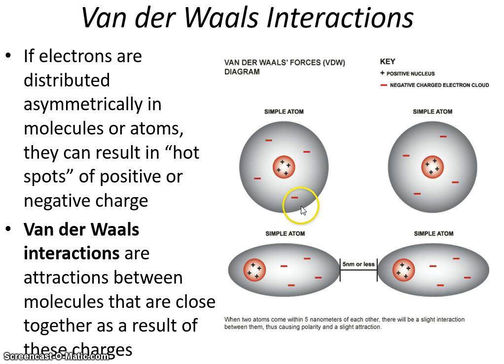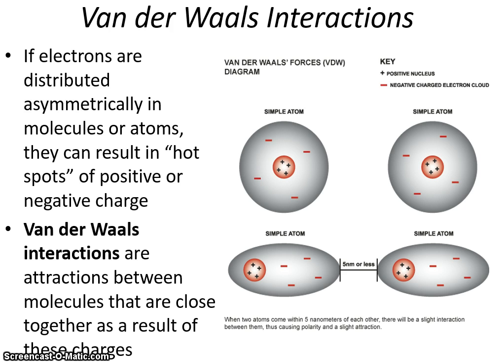So for example, let's say all of the electrons of this atom temporarily end up on this side of the atom, and the nucleus of this atom temporarily ends up on this side of the atom. Because we have these hot spots, this side is more negative, this side is more positive, those sides of the atoms have charges associated with them and they will attract to each other. These are called van der Waals interactions.